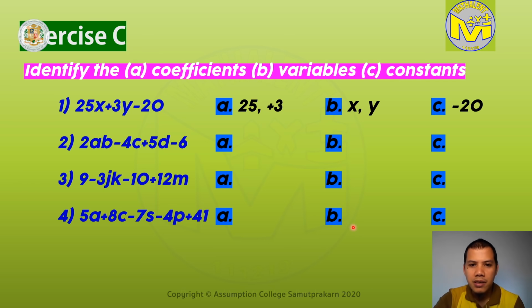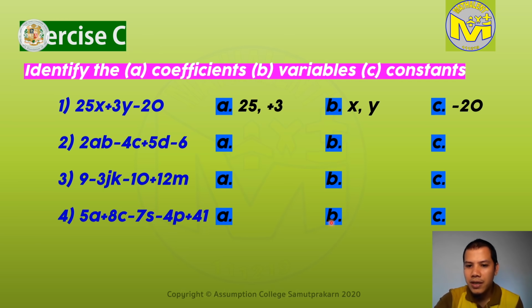Let's go to letter B. Identify the variables in this expression. In the first term we have A, in the second term we have C, in the third term we have S, and we have P in the fourth term.